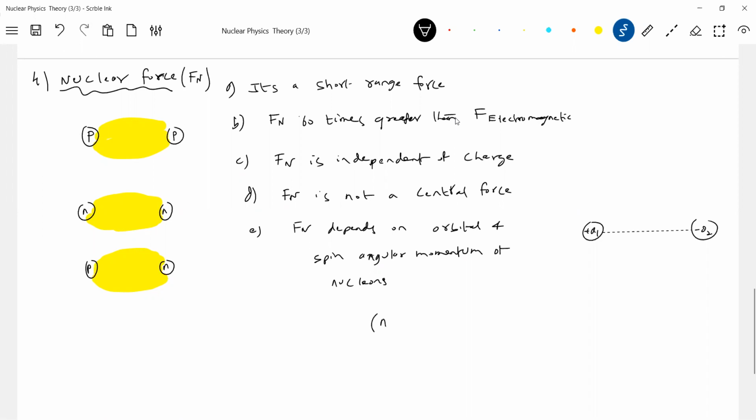Let this be a neutron. It will be orbiting this one, and it will have a spin about its own axis.